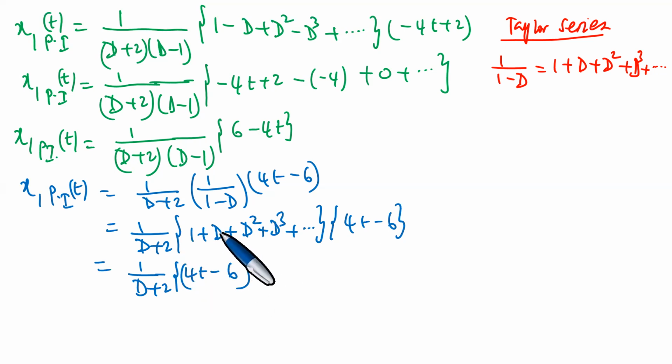Okay, the first derivative of the 4t minus 6 is just going to be 4. The second derivative of these is going to be 0, like we saw, and so on.